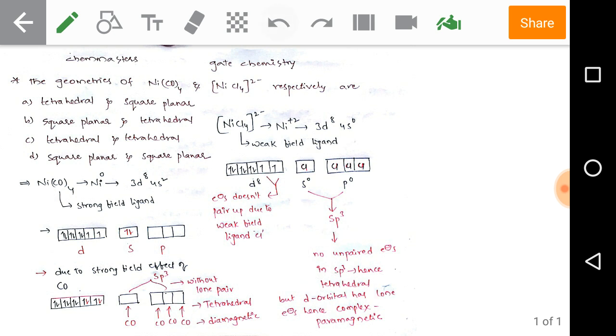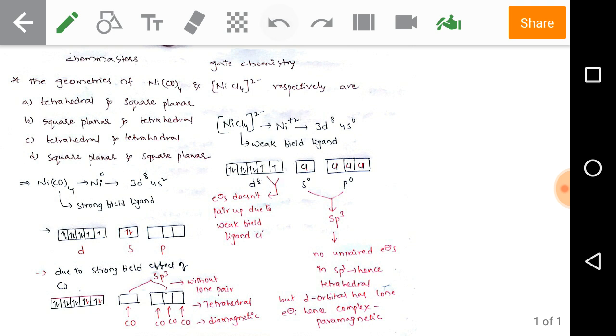But if we consider the total complex orbitals, the d orbital contains single electrons. Hence the given tetrachloronickelate anion is paramagnetic due to the presence of unpaired electrons in the d orbital.